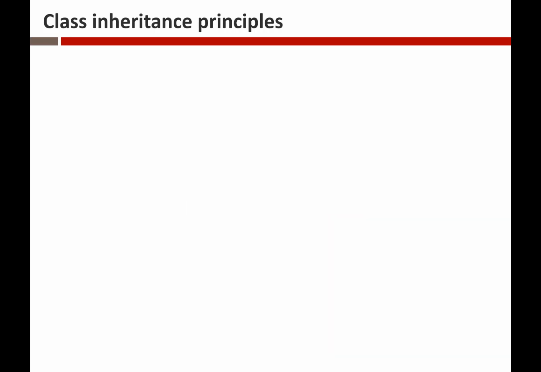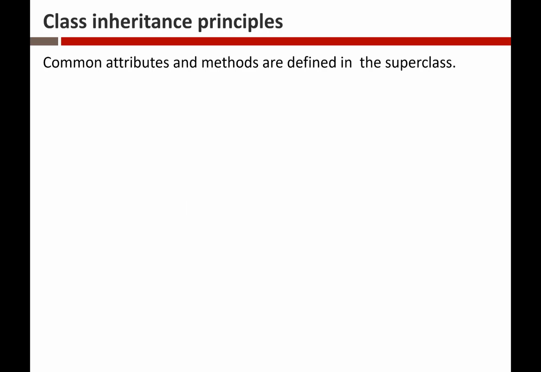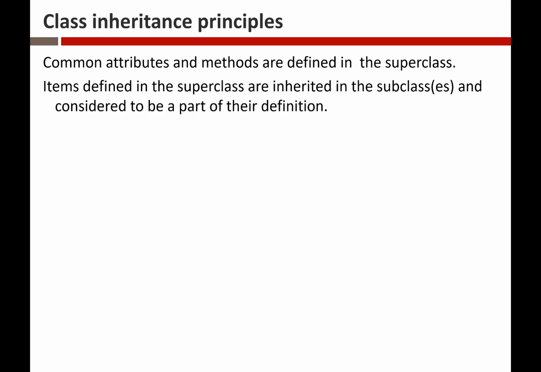Just to reinforce or reiterate what I've said, the idea here is, as I look at an inheritance or hierarchical situation, the things that are in common, the things that we want everyone to share, are defined in the superclass or the parent, and all of the children of that parent, all of the subclasses of that superclass, are going to have the attributes and methods that are defined in the parent.